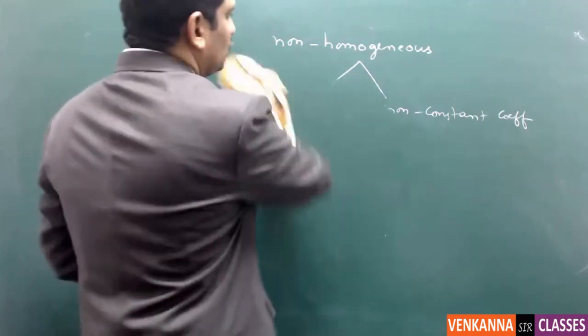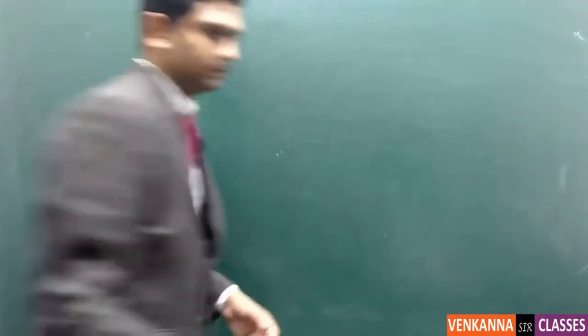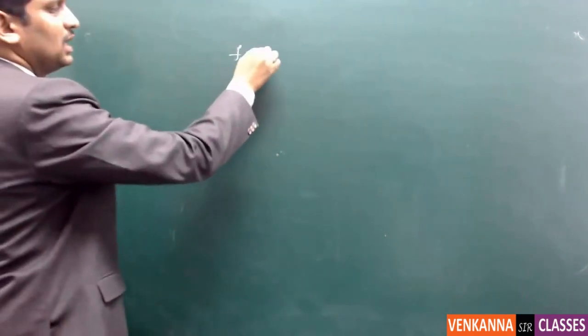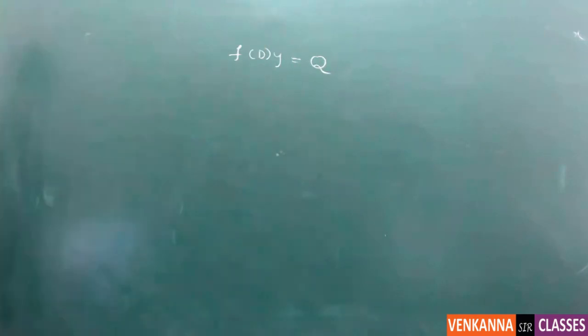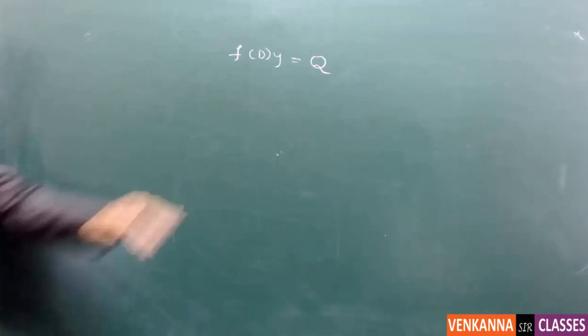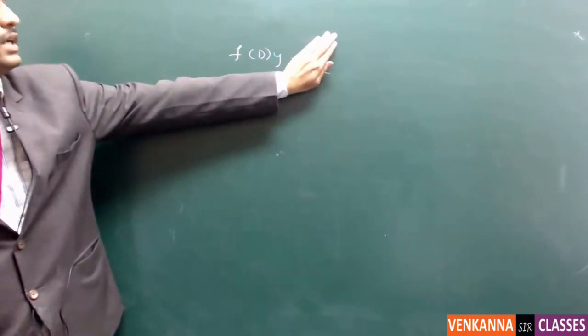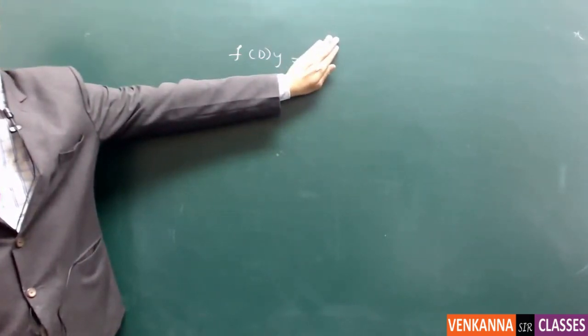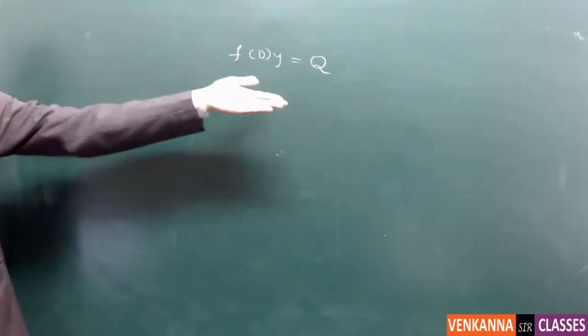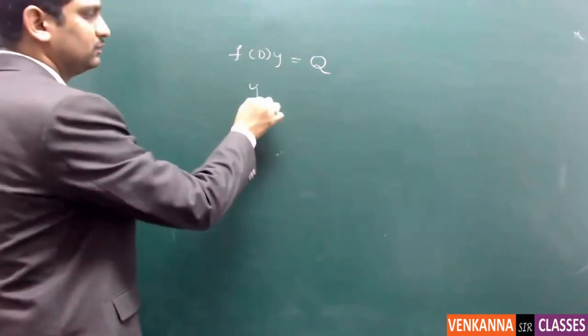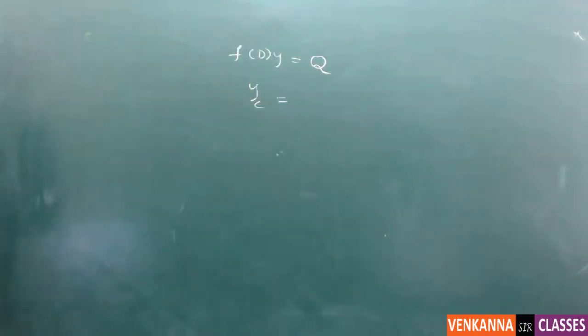Now, what is the solution approach? Take the non-homogeneous equation f of d into y equal to q. As usual, whatever is on the right side, you forget about that. For the coefficients, you write the auxiliary equation, find yc, just like c1 e power x plus c2 e power 2x.